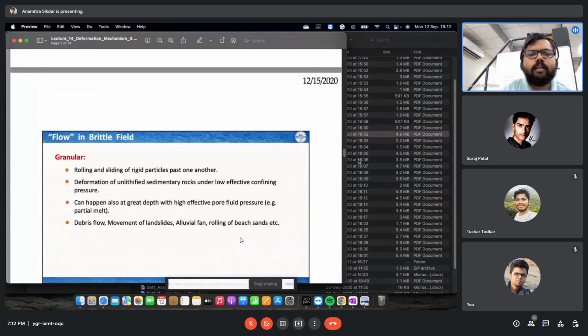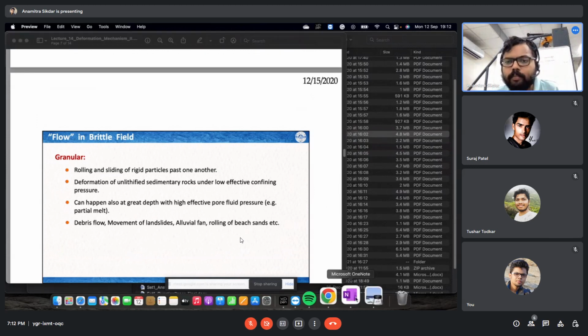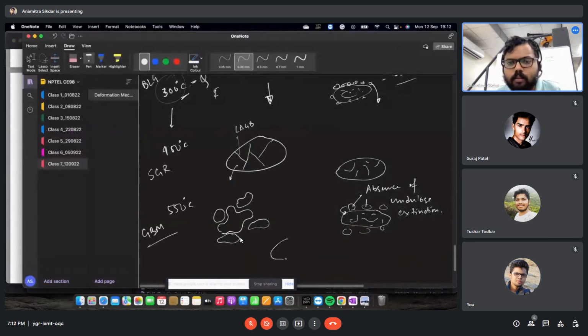Okay, so it is like high effective pore fluid pressure. So it's pore pressure, right? That is what I was saying. Inside the material, this is the pore space.